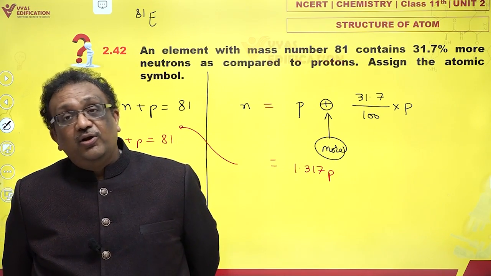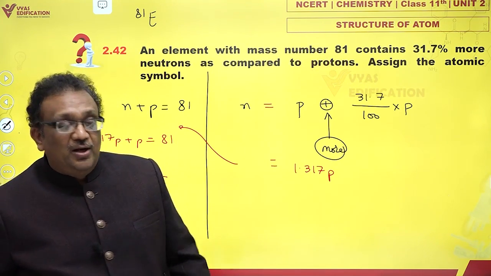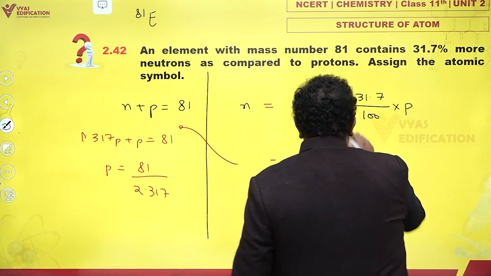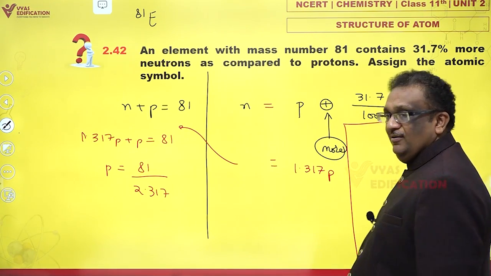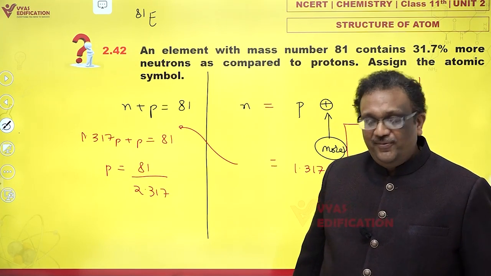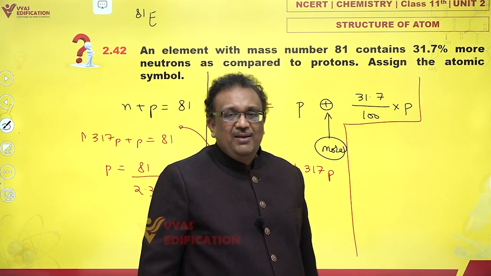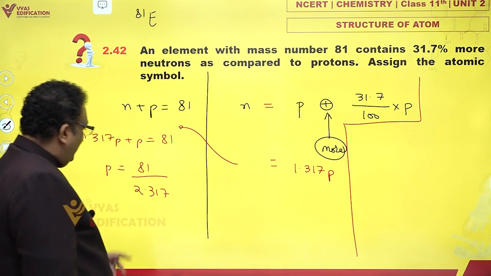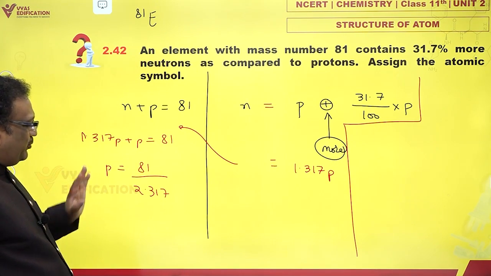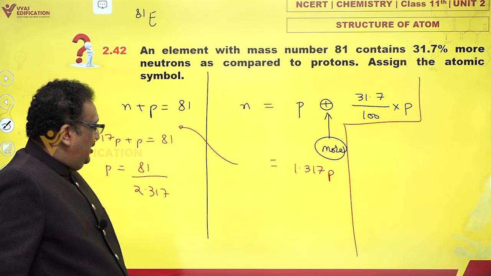You don't get a calculator in the exam. You should know how to do hand calculations. And luckily for us, the number of protons has to be an integer. You can't have decimal protons, right? So, let's give it a shot. 2.317 is ugly. I'll just approximate it by 2.3 in the denominator.